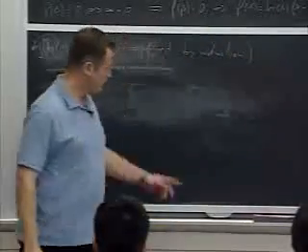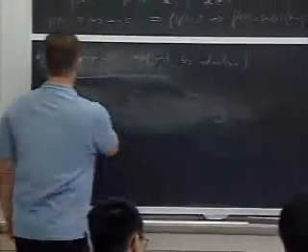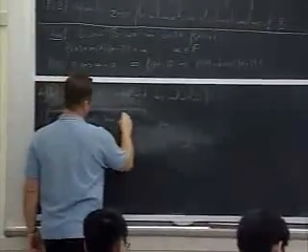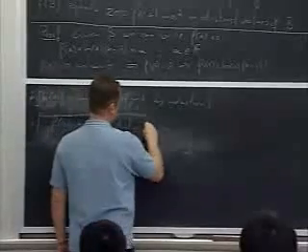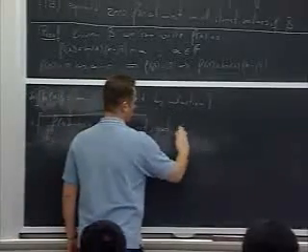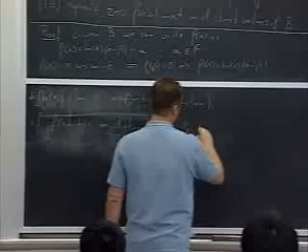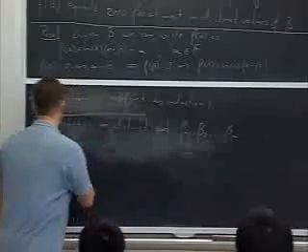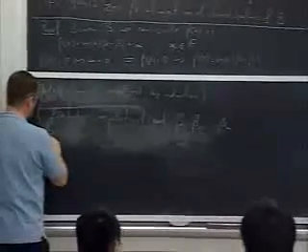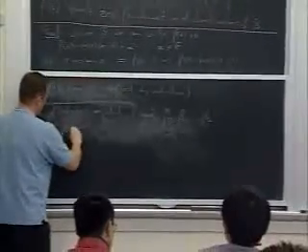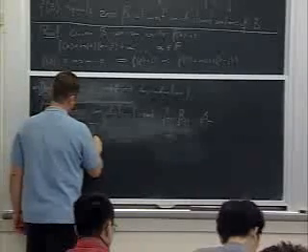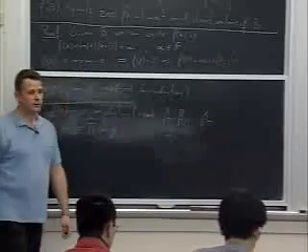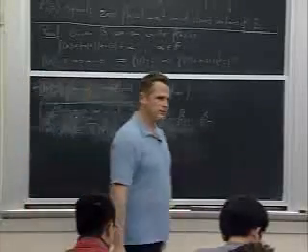In particular, we can say if f of x has m distinct roots beta 1, through beta m, then it factors completely into the linear factors like this.